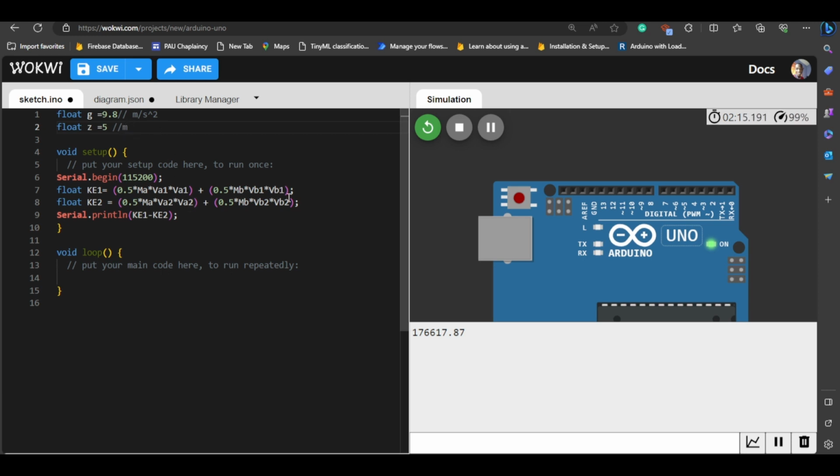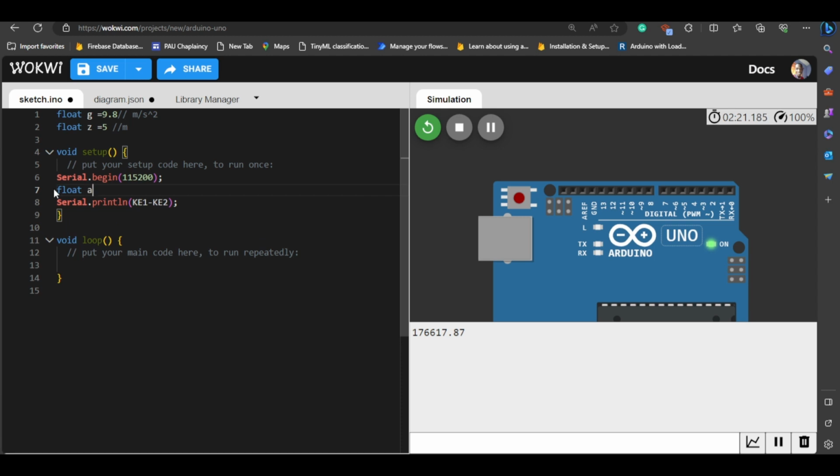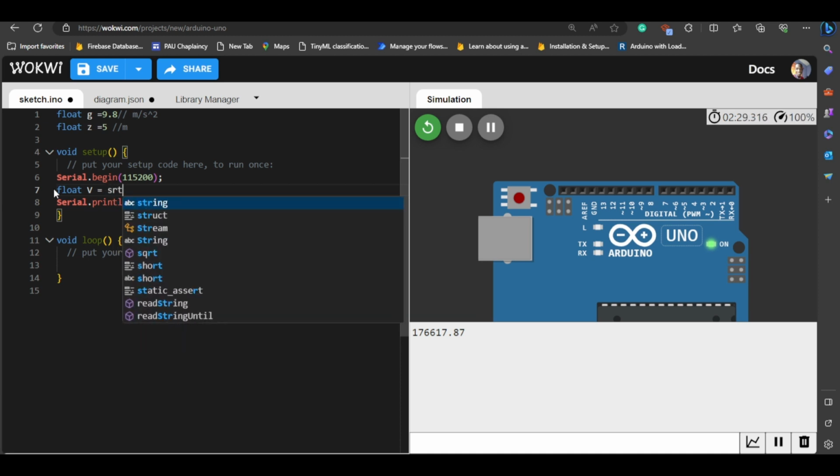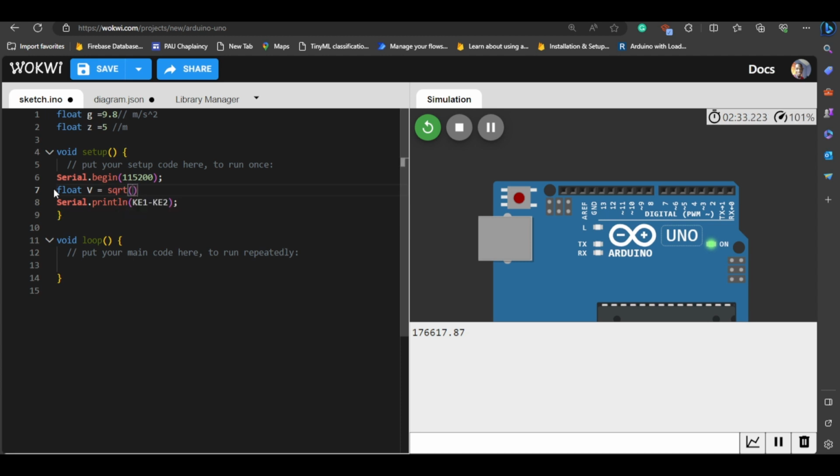So you come here and do float v, which is the velocity of the water coming out of the tank, equals the square root of 2 times g times z. That's how easy this is.